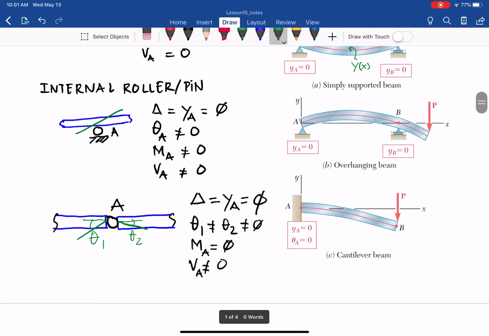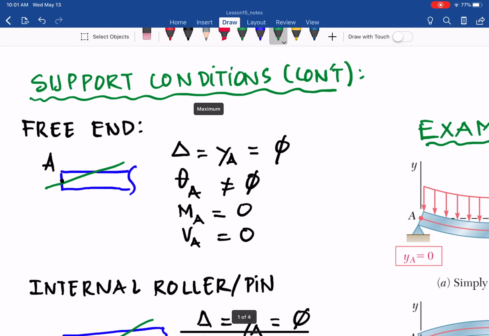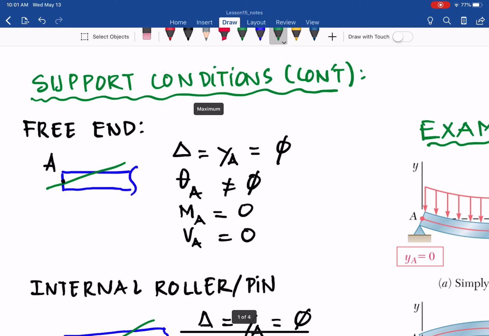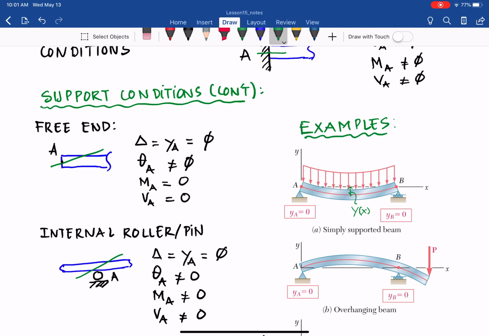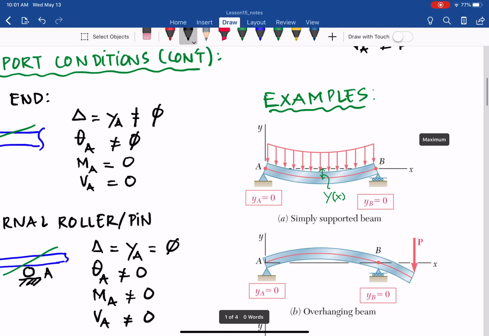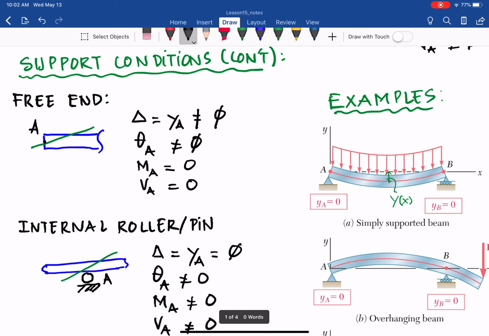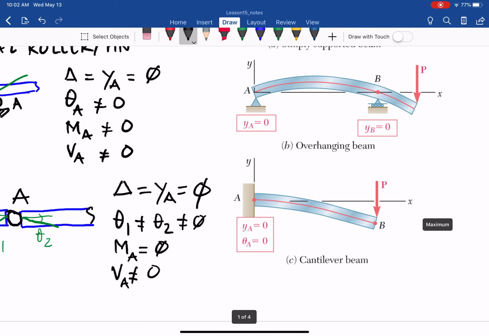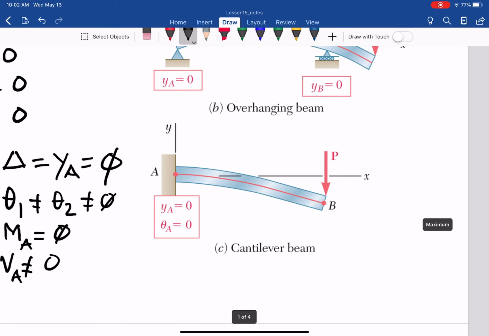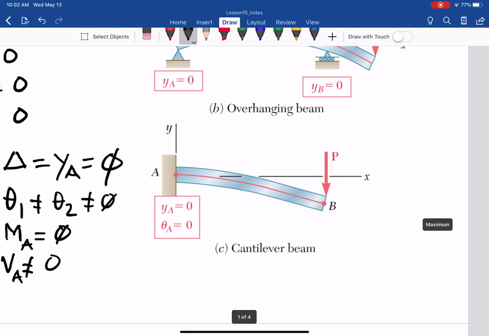If we have a cantilever beam, then P is applied at the free end, and as you can see, we have the free end on the right. In this scenario, let me correct here, the deflection at the free end is non-zero, not equal to 0, because it can move, right? Then at the fixed end we have yA equals 0, and the slope at point A, theta A, represented by the angle of the slope of the elastic curve, also equals 0.